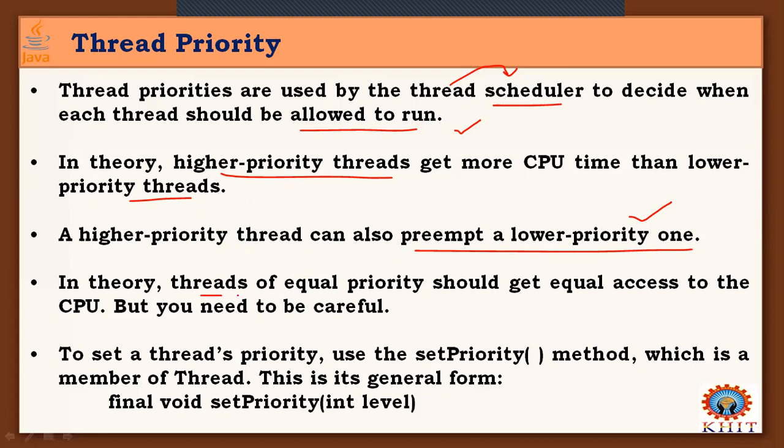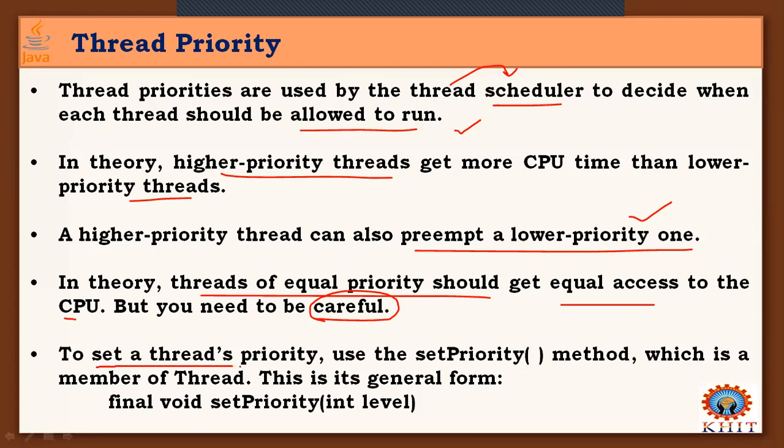In theory, threads of equal priority may sometimes compete to execute on a CPU, and then get equal access to the CPU, but you need to be careful here. Otherwise, the system may go to a blocked state or deadlock state. So we will discuss this topic in a later topic.